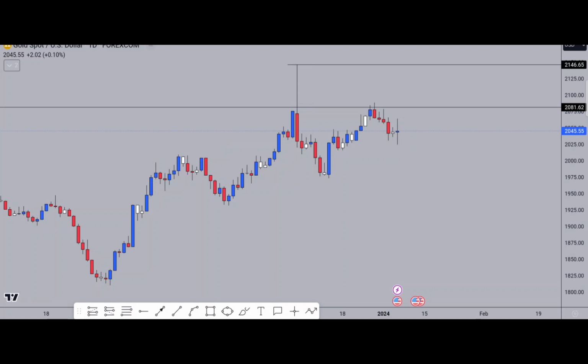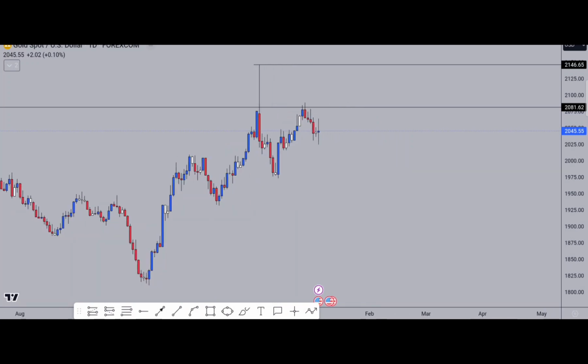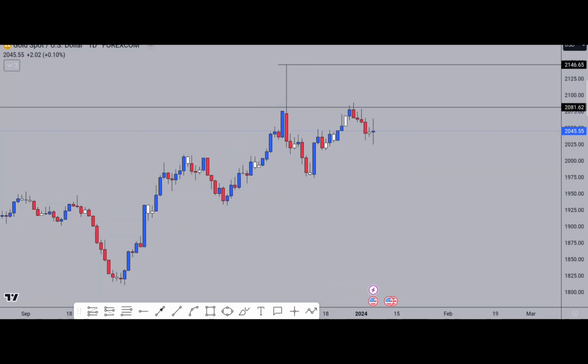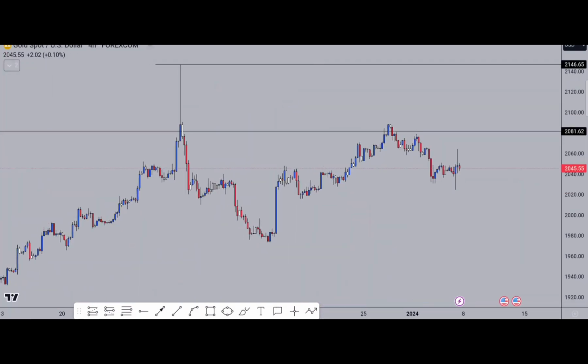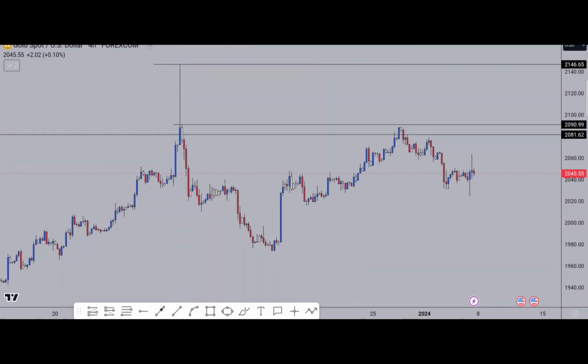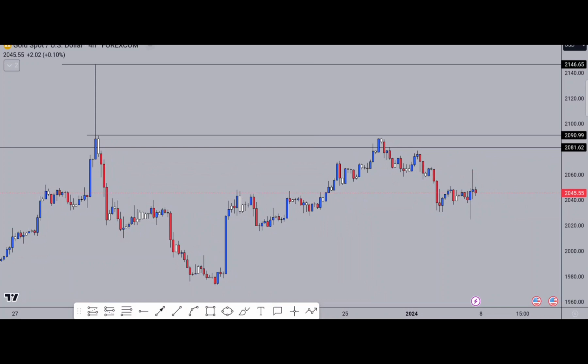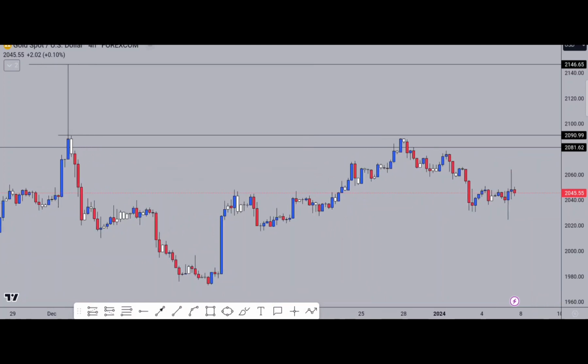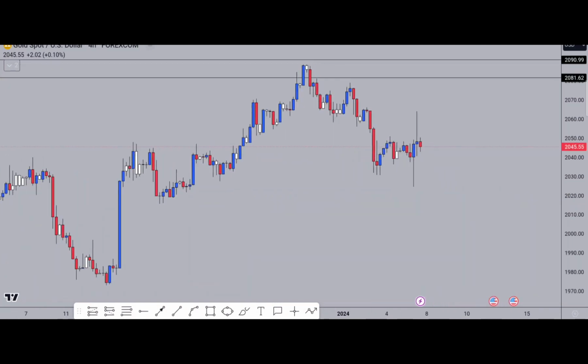So ignoring that, on the 4 hour I think it's clear. Yeah, so we have, no, we haven't cleared that yet. So now let's have a look at what this cleared.